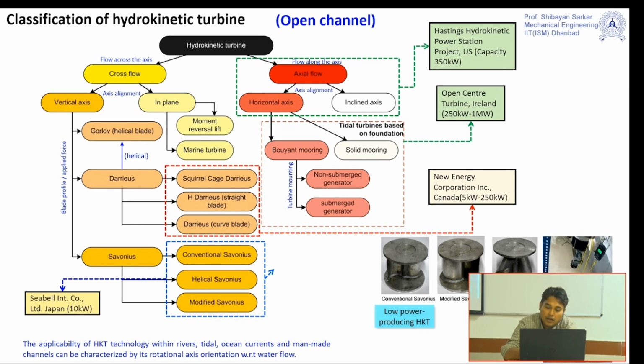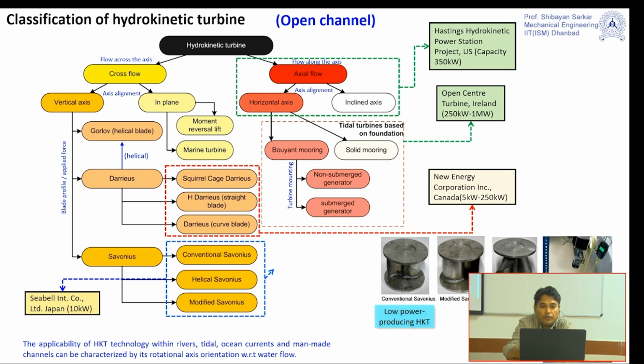And then it can be classified based on where it is being applied, whether it is a marine kind of turbine, a tidal kind of turbine, or a river flow turbine. So based on this, different types of classification can be obtained. Apart from this, there are different combinations of all these types of turbine, made whenever it is found suitable for a particular application.